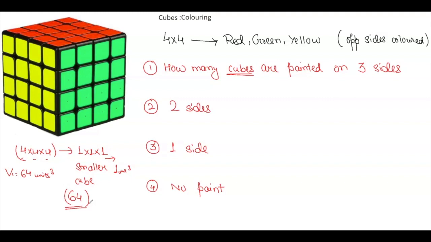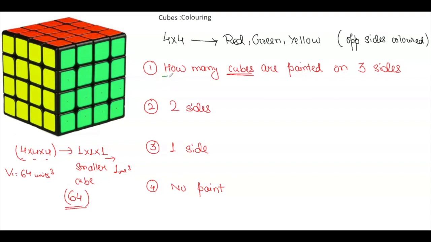Now how do we get the smaller cubes? We get them when we cut the larger 4x4x4 cube into 1x1x1 smaller cubes. Now let's jump to the questions and understand what is happening here.